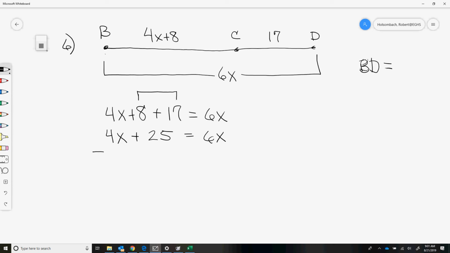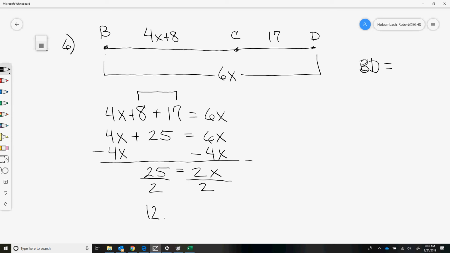Subtract 4x from each side, and 25 equals 2x. And then divide by 2. 25 divided by 2 is 12.5, which equals your x.